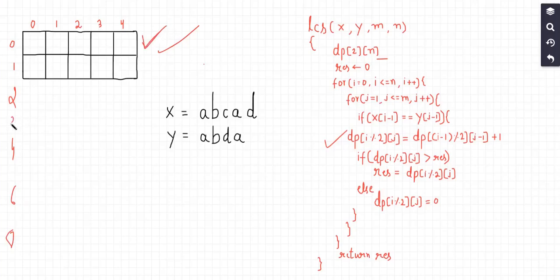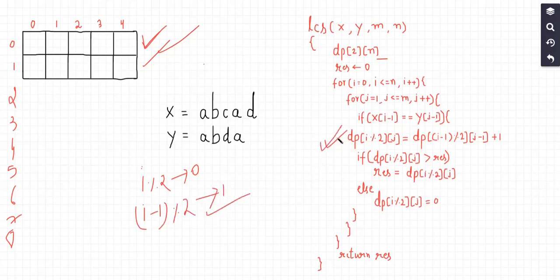And for odd number rows 3, 5, 7, I will store those results in row number 1. Okay, so if I is even, then I modulo 2 will give me 0, and I minus 1 modulo 2 will give me 1. So that's the idea I'm implementing here.